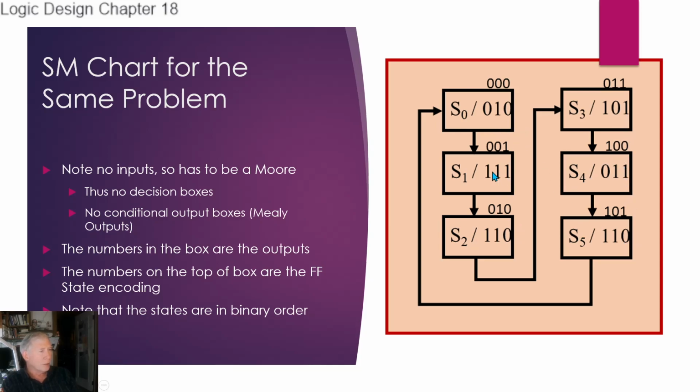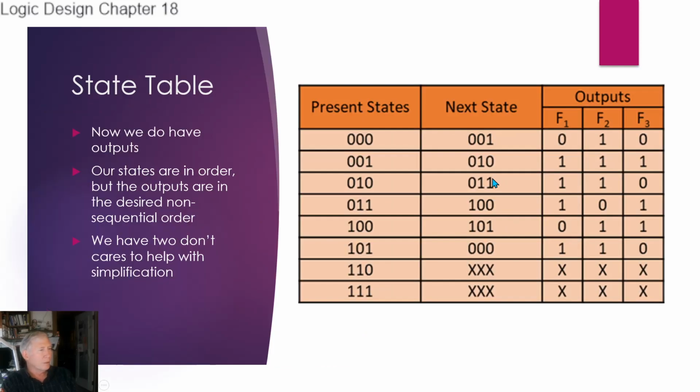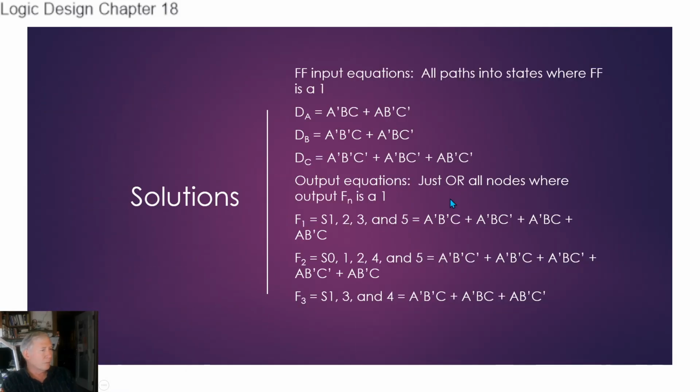So we need S1, S3, S4. So we need 3 terms. And that would be A prime B prime C plus A prime B C plus A B prime C prime. Which would be here. All right, and then we can simplify these algebraically.